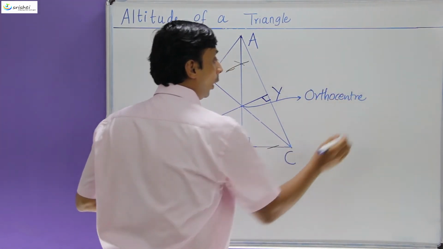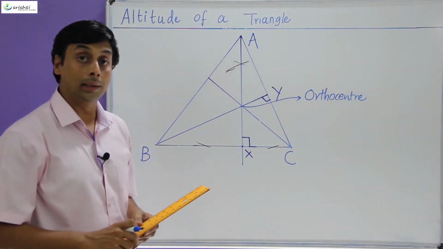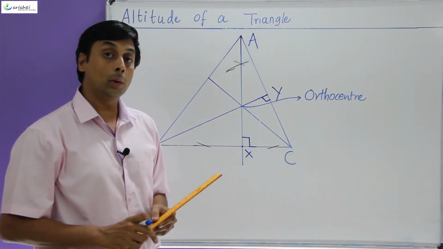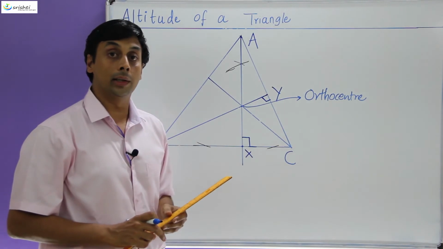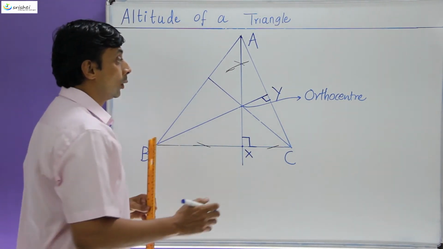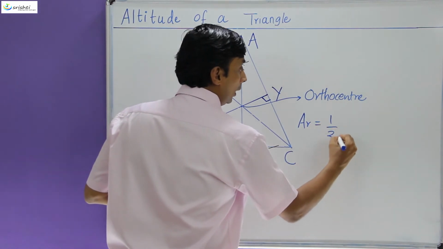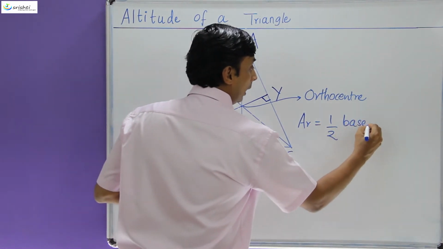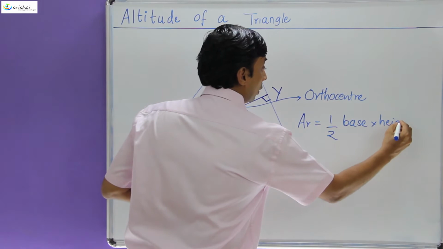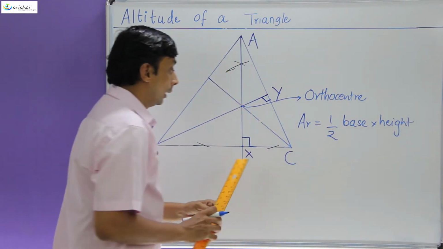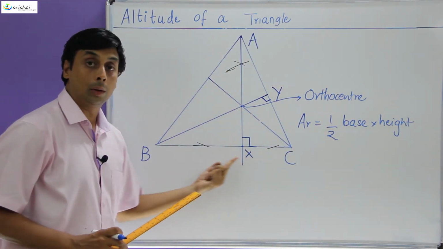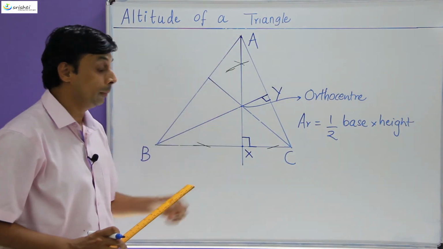Now what is the significance of the altitude of the triangle? The altitude of the triangle is useful in measuring the area of the triangle. We know that the area of a triangle is given by half into base multiplied by the height. Now this is a key concept: if you consider BC to be your base, then AX would be your altitude.